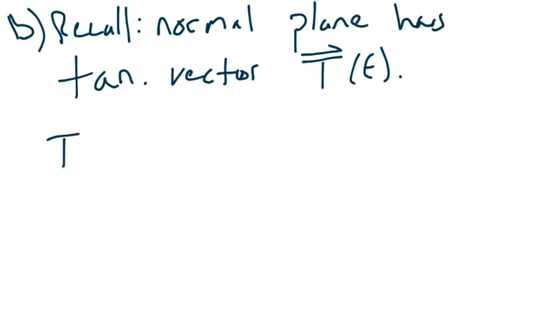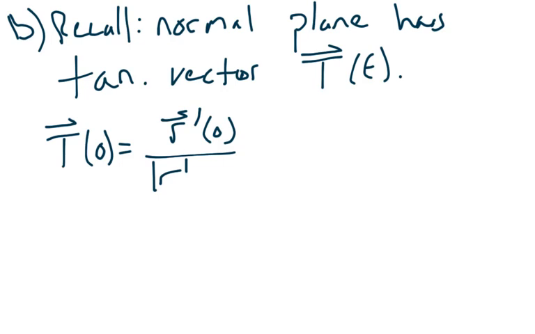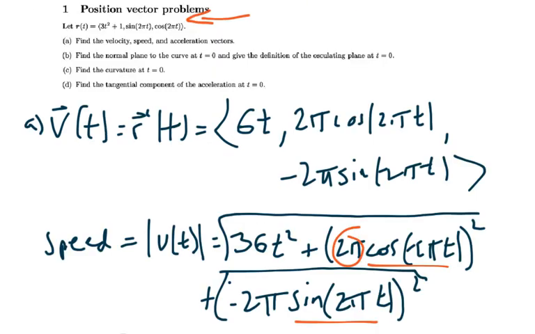What is the definition for T of 0? T of 0 is just r prime of 0 divided by the magnitude of r prime of 0. So what was r prime of 0?